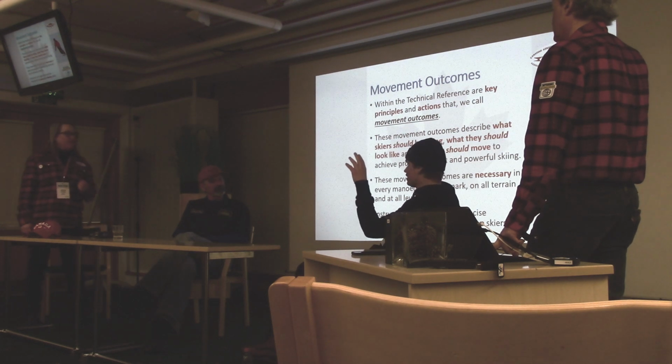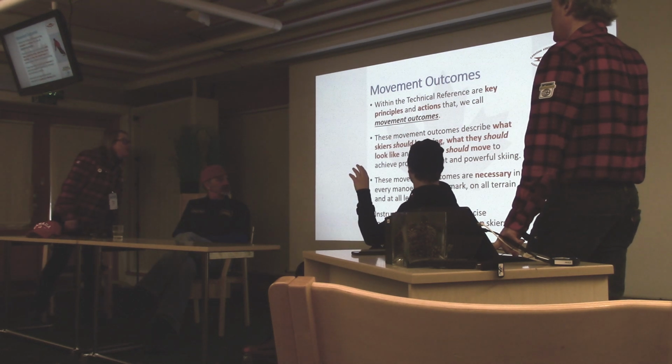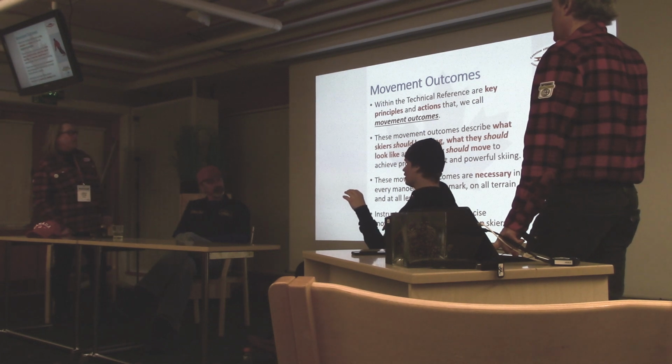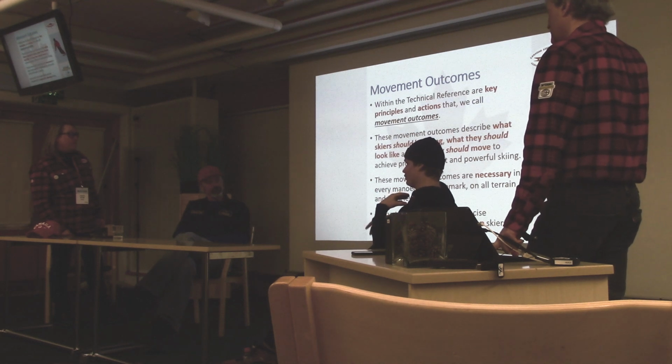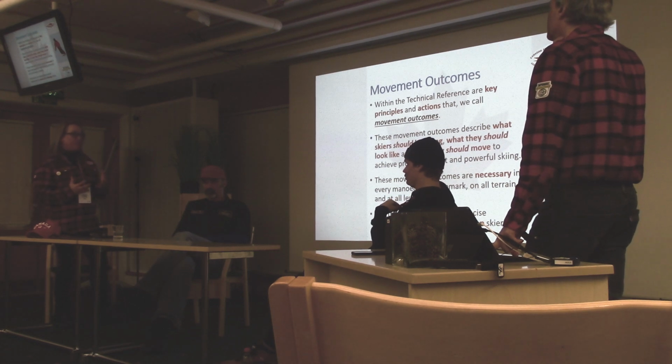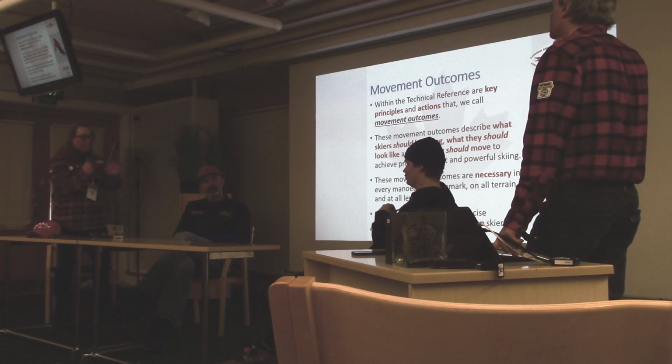Hey, can I ask a question? You talk about movement outcomes. Do you direct them in any way in the movement of the body or the movement of the skis? Because I know that CSIA, for example, has that. How do you guys see it? Yeah, the movement of the body. Whatever the movement of the body will affect an outcome. The outcome being the skis?